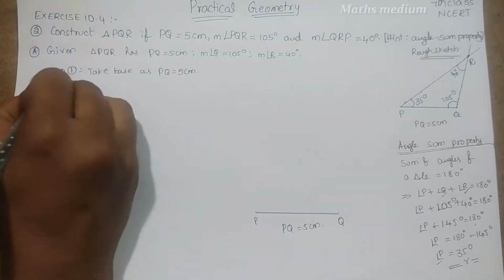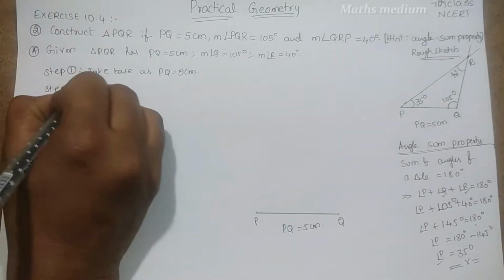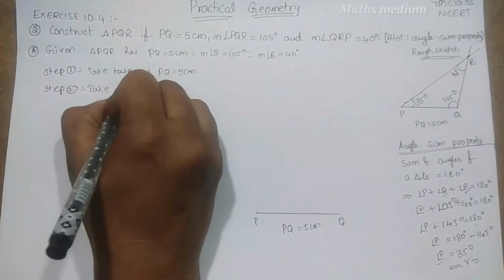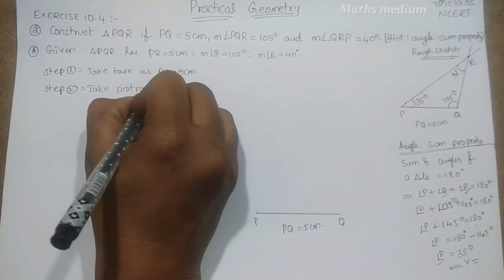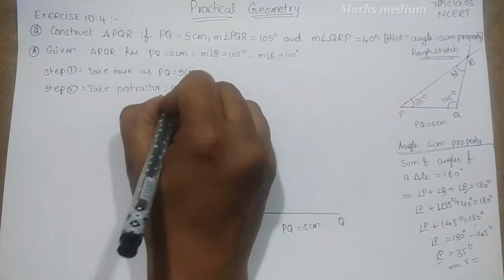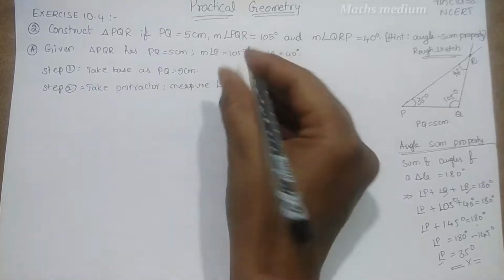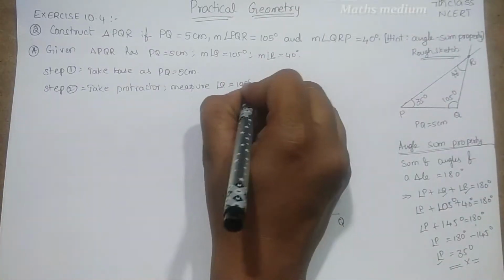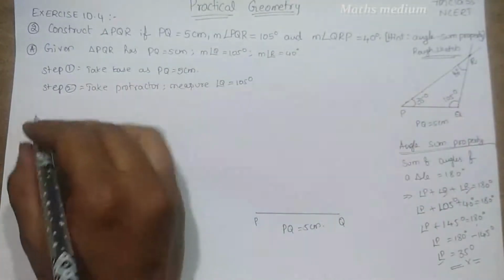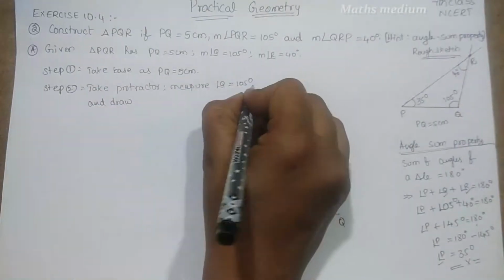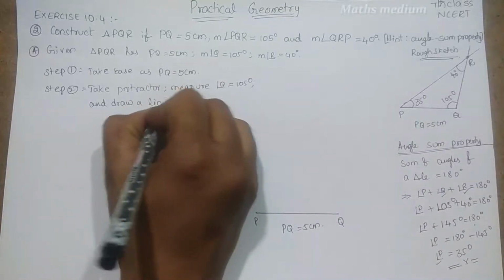Now step 2 is angle Q. So take a protractor, measure angle Q is equal to 105 degrees and draw a line.